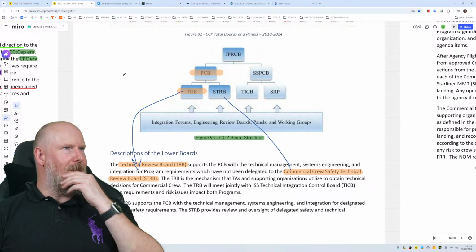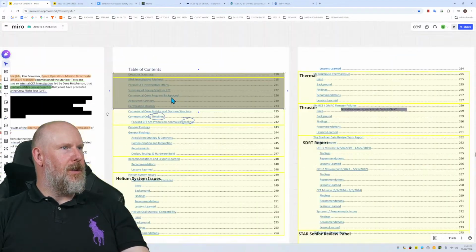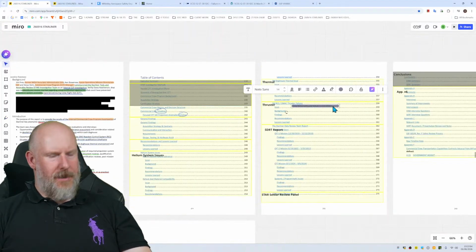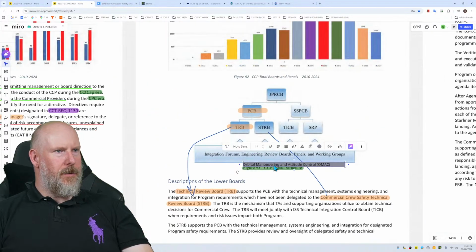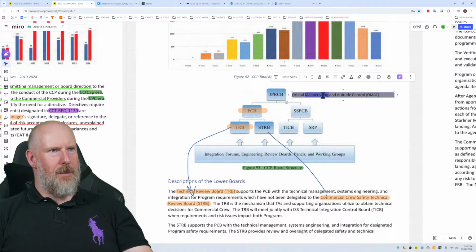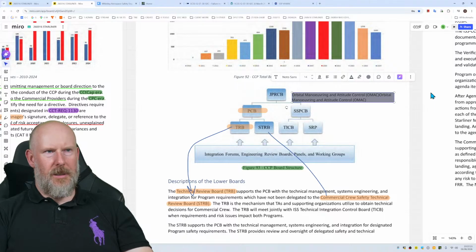I think what I'm going to do is I'm going to start writing about these, because I think these are definite candidates for including. So JPRCB, joint something, don't know.